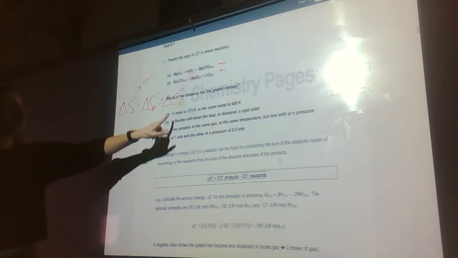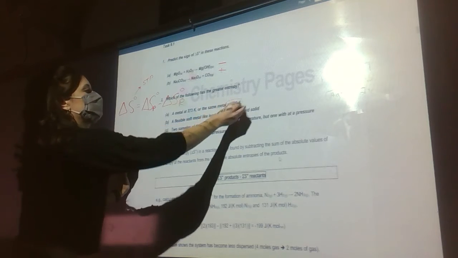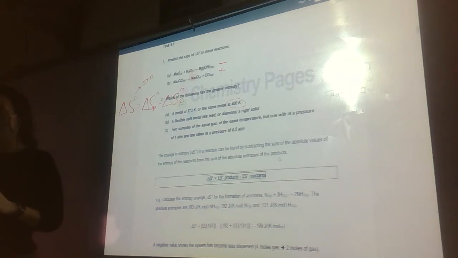And here. So a metal at 273 Kelvin or the same metal at 400 Kelvin, which has more entropy? The 400 Kelvin metal. Higher temperature, more entropy. A flexible soft metal like lead or diamond, a rigid solid, which has more entropy?